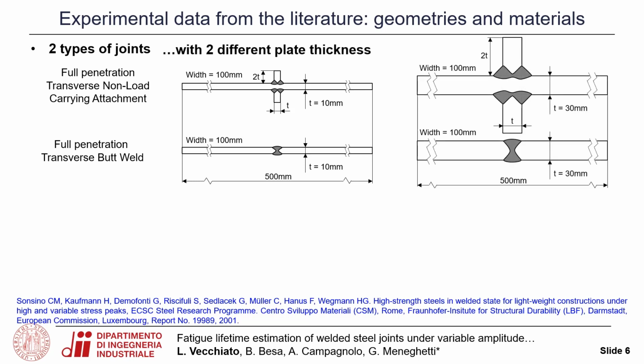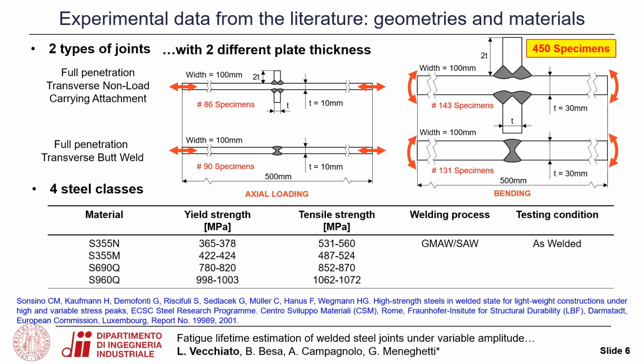Both joints were made of 2 different plate thicknesses, 10 mm and 30 mm. The 10 mm ones were axially loaded, while the thicker ones were subjected to 4-point bending loading. All joints were made of 4 different grades of steel and were tested in the as-welded condition, for a total of 450 specimens.